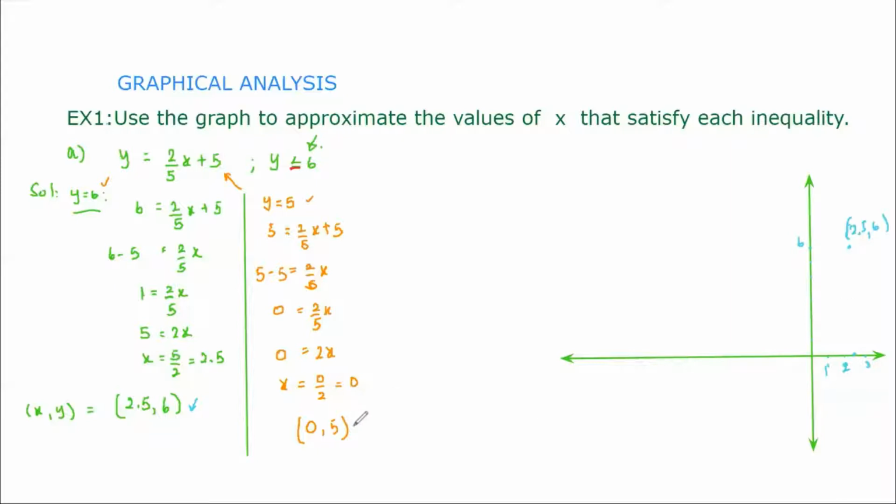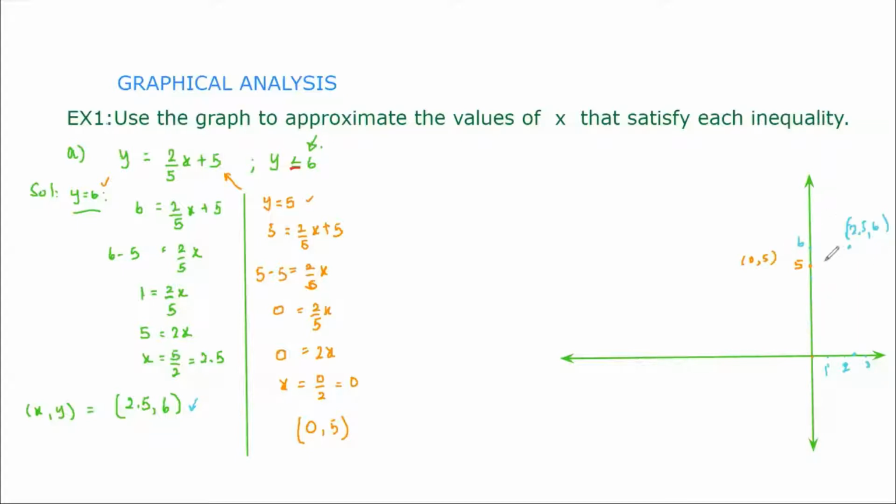Now you plot this coordinate, x 0, y 5, somewhere here. This is exactly the y-intercept. So this point is 0, 5.